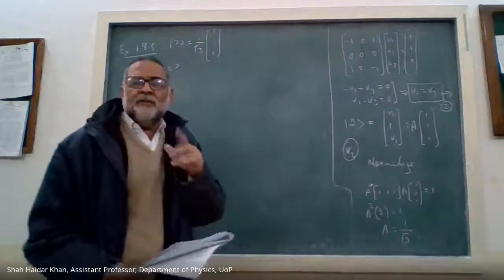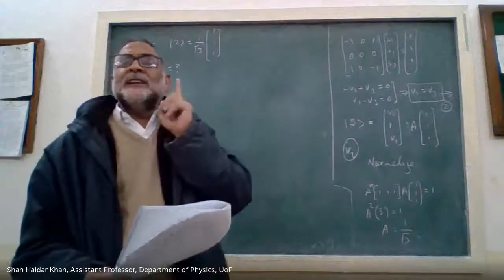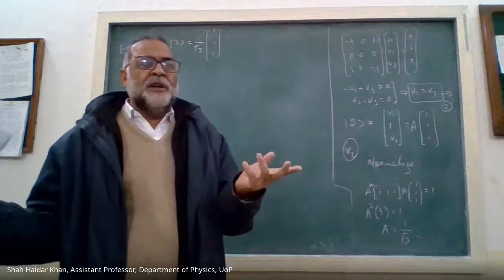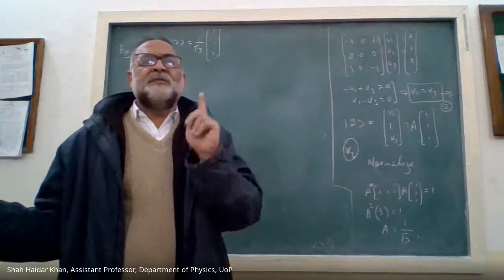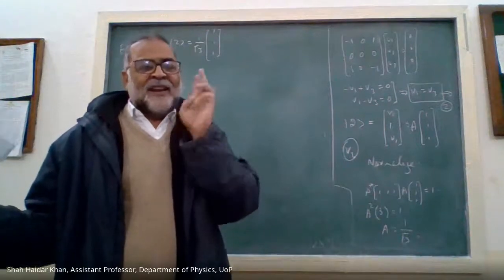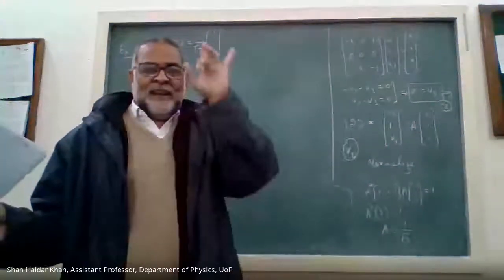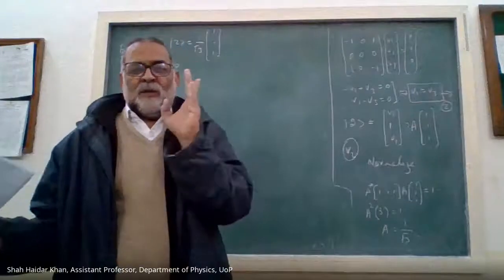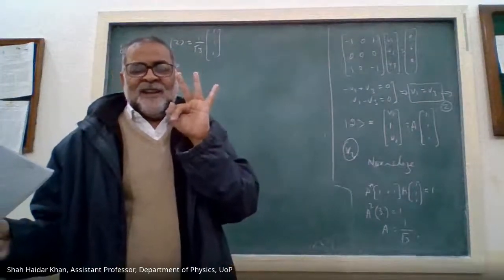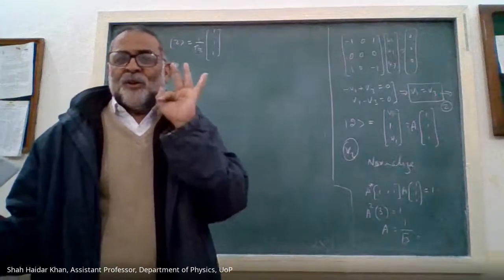We are interested in finding a basis, and a basis would mean all the vectors must be perpendicular to each other. They must be orthogonal, like i, j, k. i, j, k form a three-dimensional basis, and they all are orthonormal.